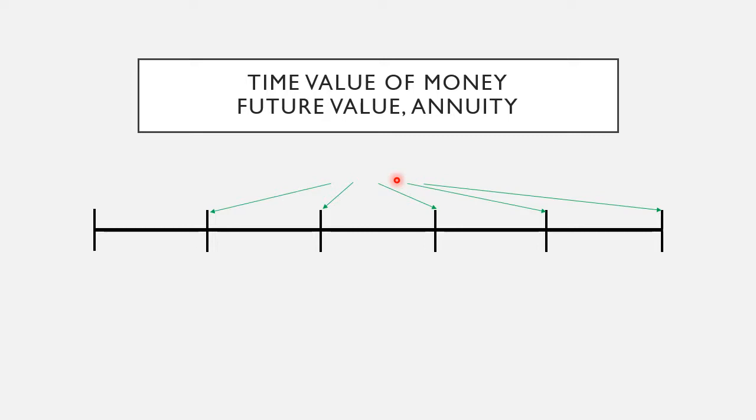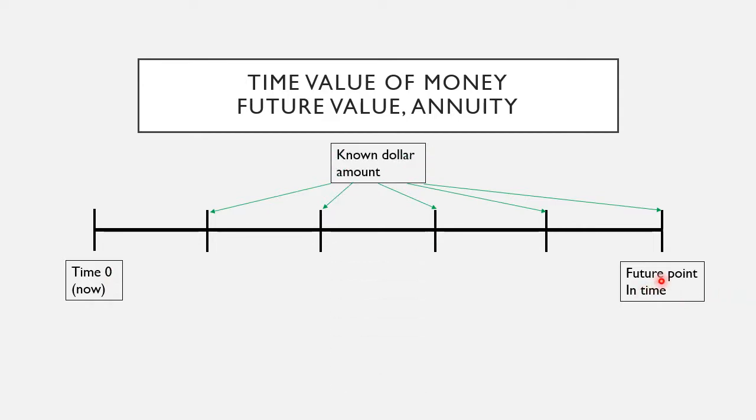Well, what if we have payments equally spaced out? That's called an annuity. Generally the timeline is consistent: time 0, a future point in time, and equal payments of a known dollar amount, equally spaced.